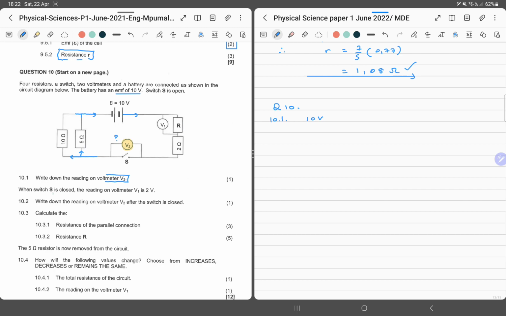Now, when switch S is closed, now we have a full circuit. It's completed. Then we'll start to have a current passing. It says now the reading on voltmeter V1 is 2 volts, okay? Write down the reading on voltmeter V2 after the switch S is closed.